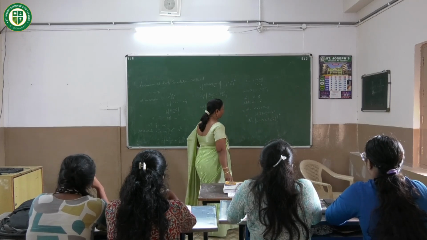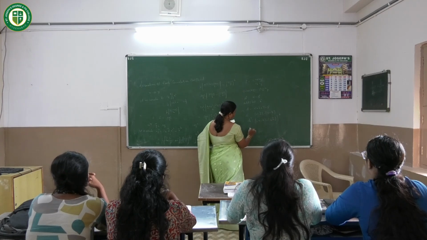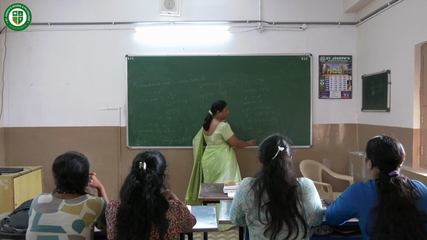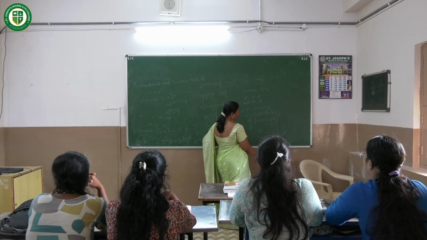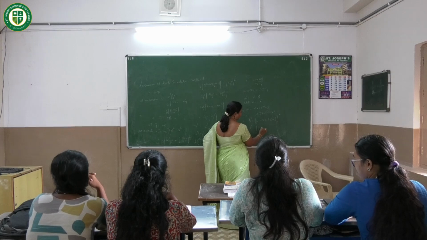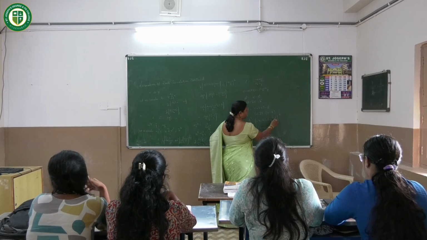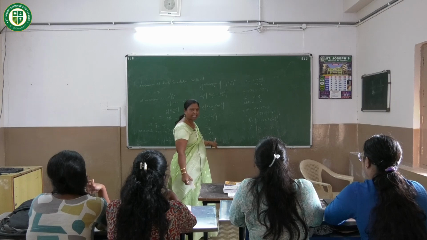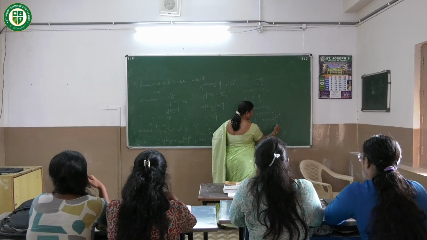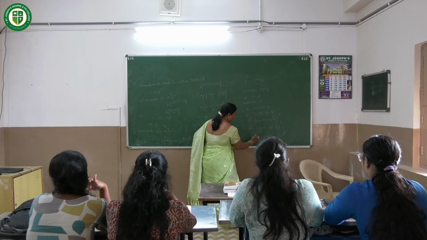This is of the form (a minus b) whole square, which is a square plus b square minus 2ab.